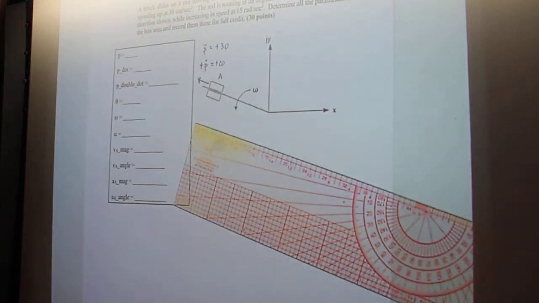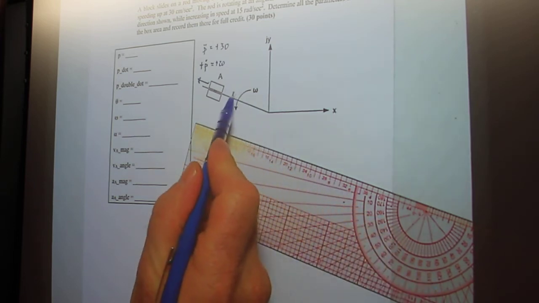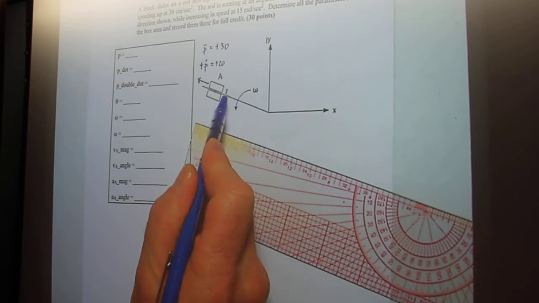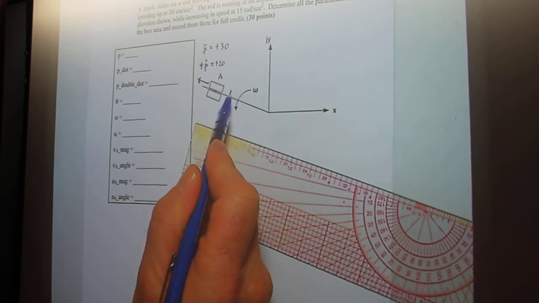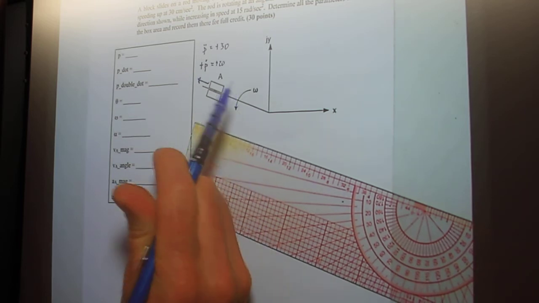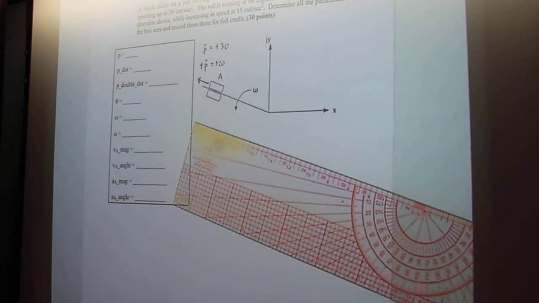Now, if I said it was slowing down, the sign sense is opposite of what the velocity sense is. So if velocity was going towards the center, being negative, and I was saying that it was slowing down, the P double dot value would be positive because it's going away from the center. So always find P dot versus the sense of that. It gives you the sense of what the P double dot sign will be. All right.